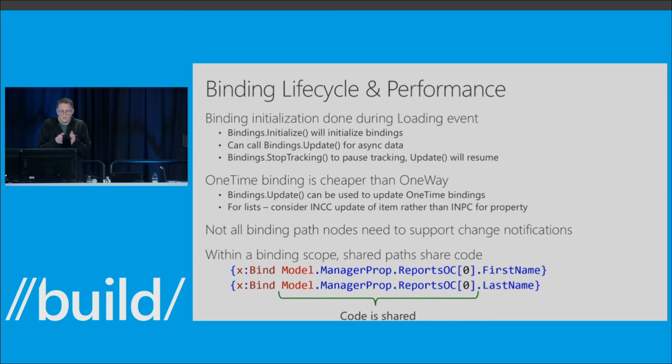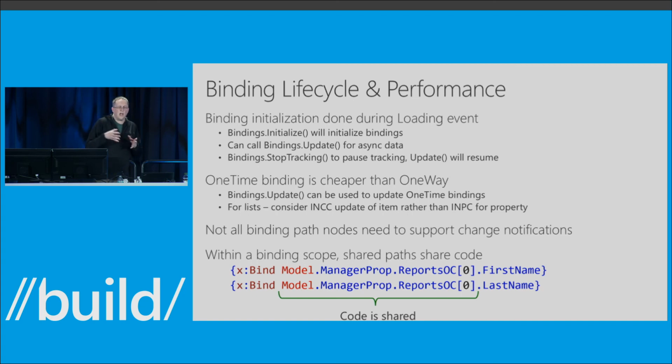Then for the model, the manager property, the reports ObservableCollection, and the index into that, those were shared and common between them. So we'll generate one function for each of those steps, and then it's only where things are divergent that you actually get extra code generated. So we're pretty efficient at sharing the binding expressions between multiple bindings within that same scope.